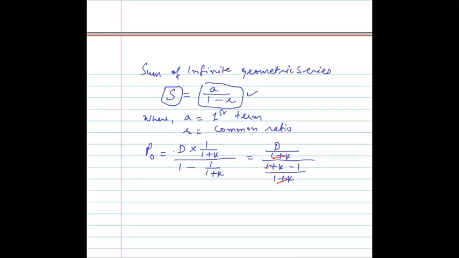There's a plus 1 here and a minus 1 here. They are going to cancel out, and that leaves us with only the d in the numerator and only the k in the denominator. So P0 is equal to d over k, which is the zero growth formula that we read in the textbooks. Isn't that cool?